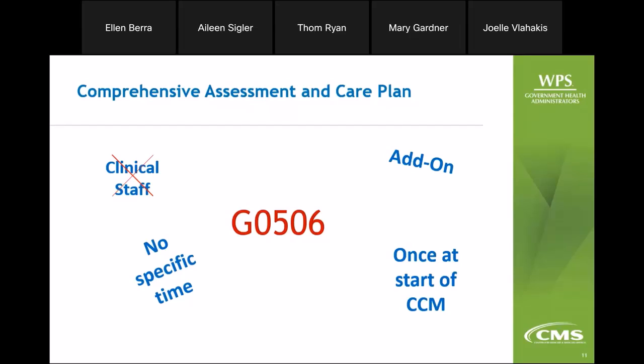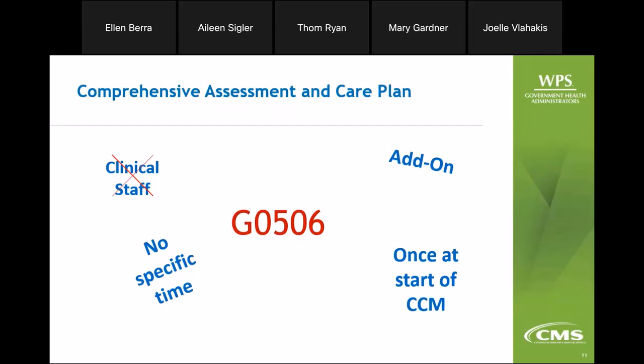And your next question is, can a rural health clinic or RHC bill the G0506 at the initiating visit? Okay, and thank you very much for that question. That is something we were going to discuss in just a second, but we can do it now. An RHC, Rural Health Clinic, or Federally Qualified Health Center, FQHC, cannot use this procedure code.